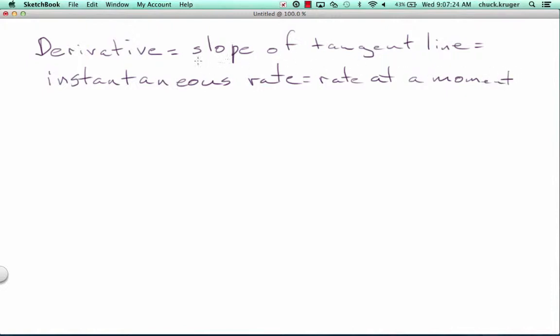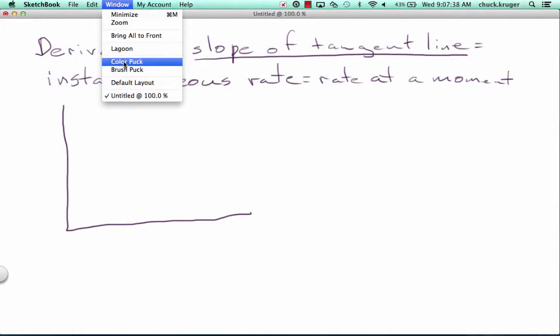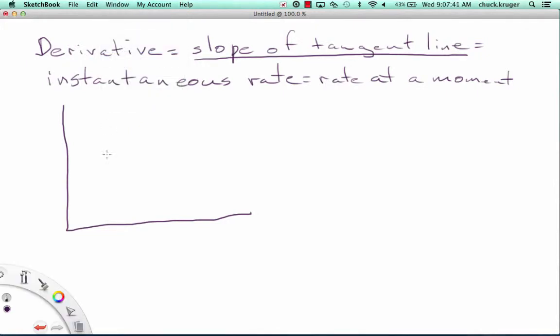So I'm first going to focus on this idea of the slope of a tangent line. And I'm going to have a graph here. Let me change my color. Red. And so I'm going to have a graph that looks like this, a curve. It's a nice curve.